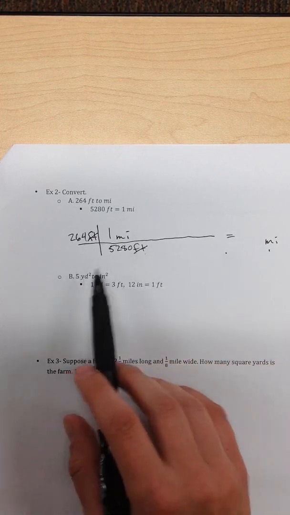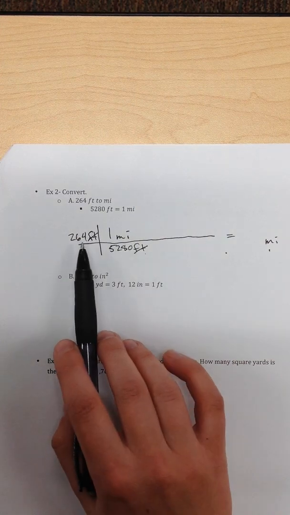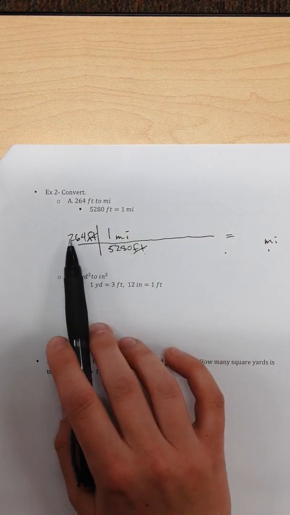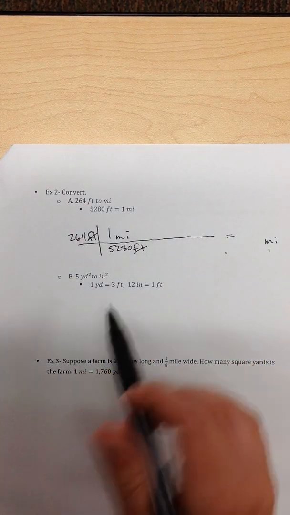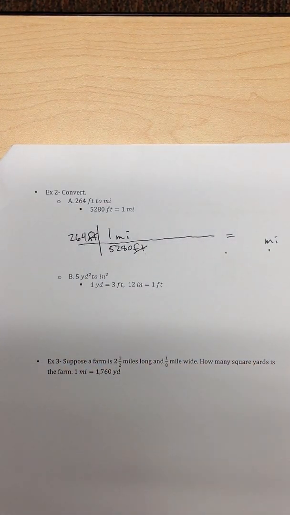And then what you do here to actually figure out your calculation is you take your top number times your top number, so 264 times 1, multiply whatever you've got across the top together, which is just those two things in this case.